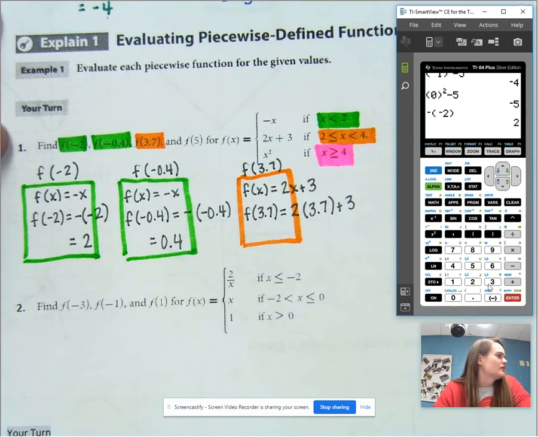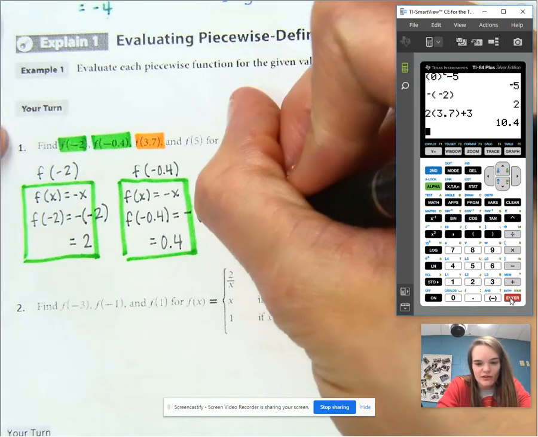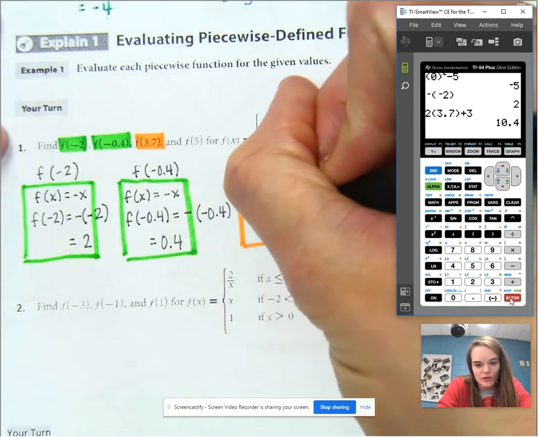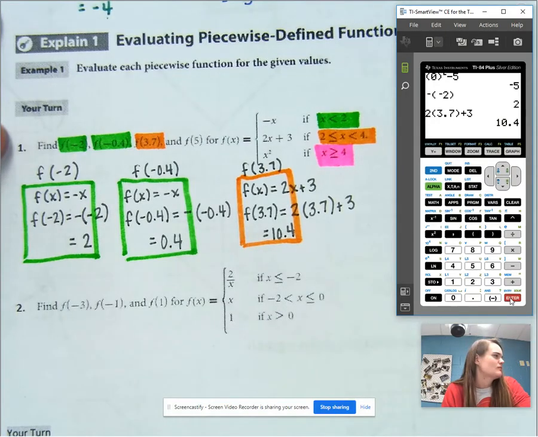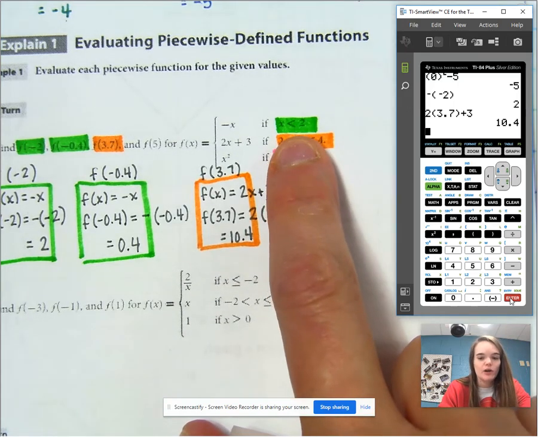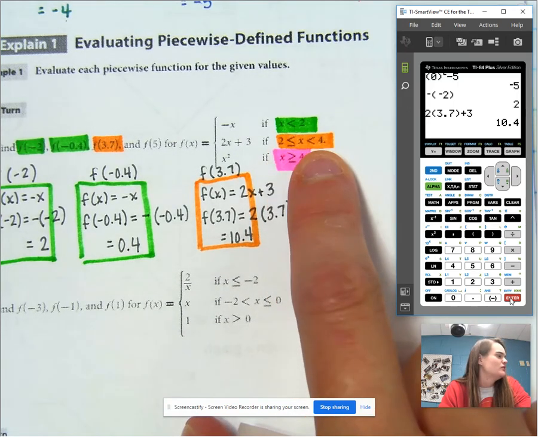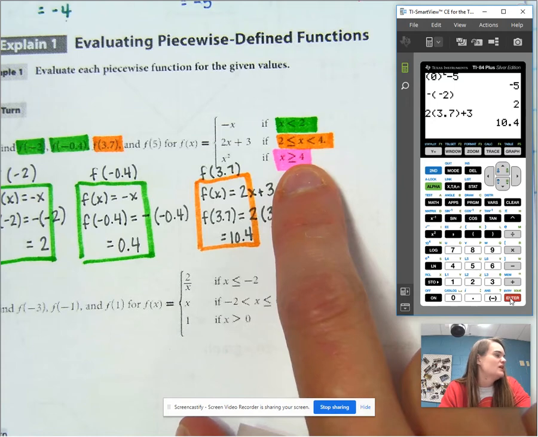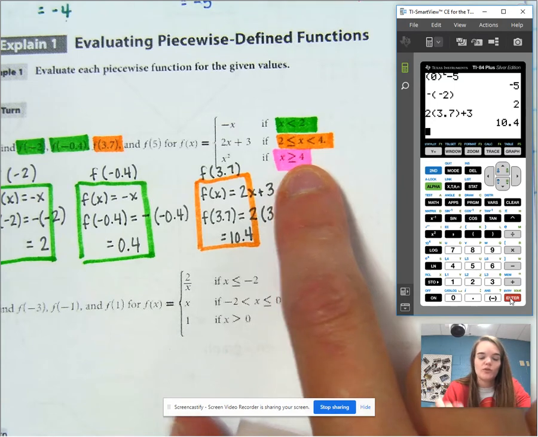And use the calculator for that. 2 parentheses 3.7 close plus 3. I got 10.4. So that means it is 10.4. Okay, last one, f of 5. Is 5 less than 2? No. Is 5 between 2 and 4? Also no. Is 5 greater than or equal to 4?